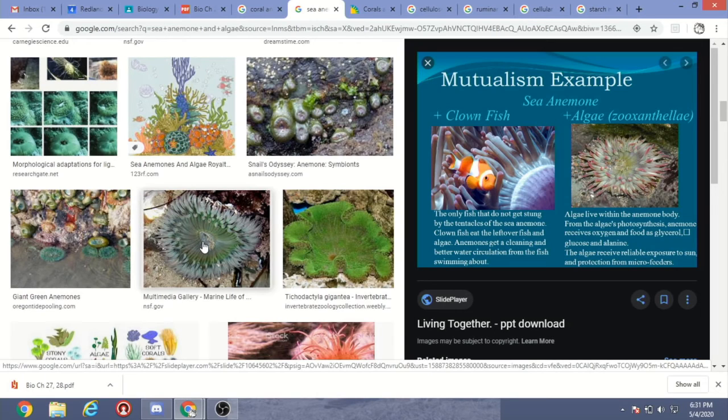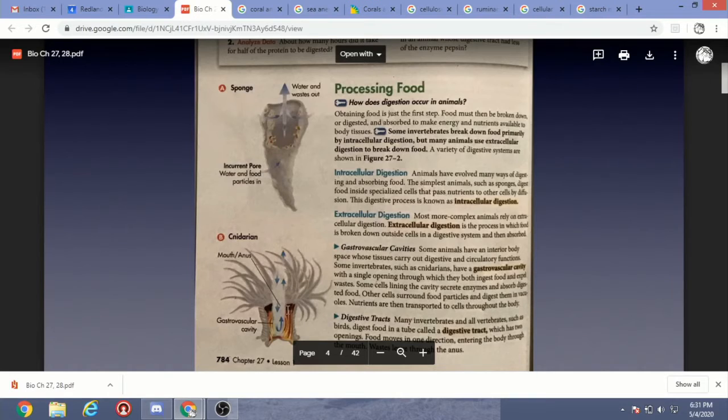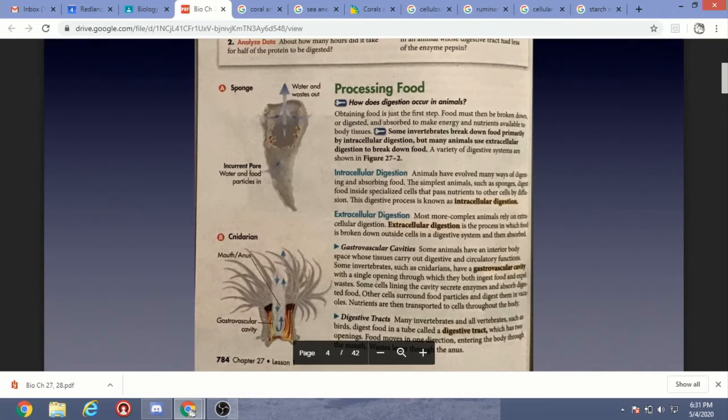You see that opening? Food will come in and get broken down in that cavity. The nutrients will go into the cells, and then all the waste will just go right back out the same hole. So literally the mouth and the anus are the same hole. It's just one cavity, one opening that leads to this cavity.